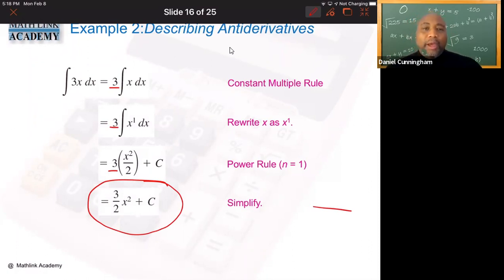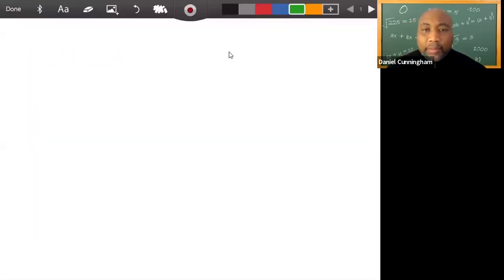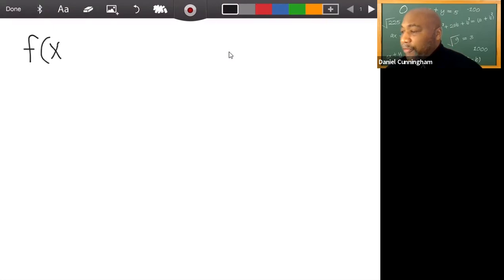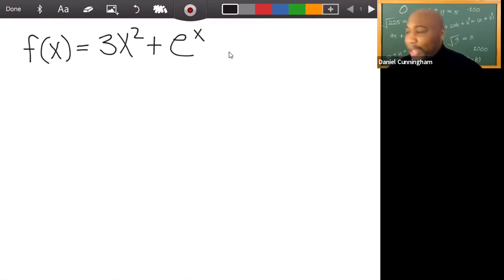So let's look at some examples in doing integration. Let's write some problems down. So here's some functions. f of x, and I can also say y is equal to 3x squared plus e to the x. And I want to integrate that.